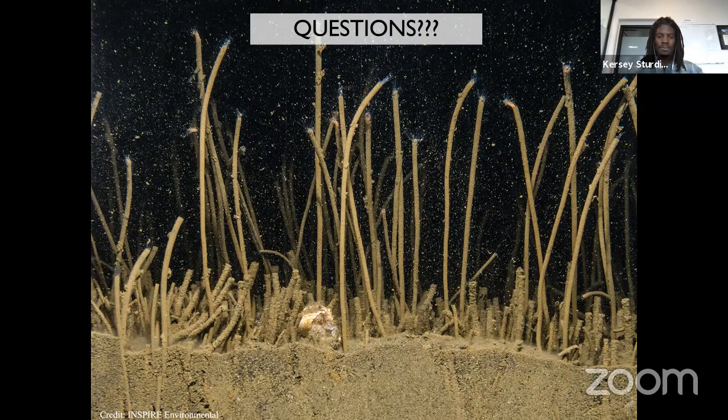Wow. So with the dead zones that occur naturally, do we see the same sort of impact on the marine life that would live there, or do they kind of just avoid that area? Yeah, that's a very good question. In each instance, the animals that are able to avoid the areas of the dead zone do. And you actually see this edge effect where the animals are kind of congregated right at the edge of the dead zone as they've been pushed out.